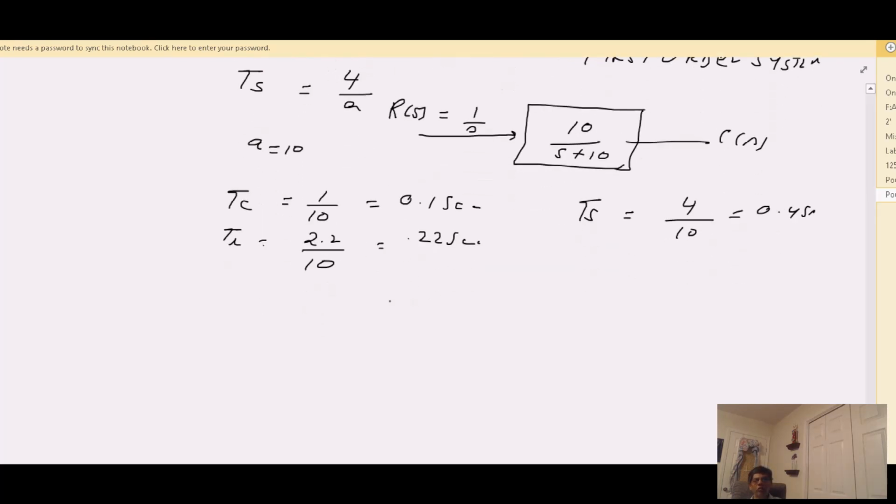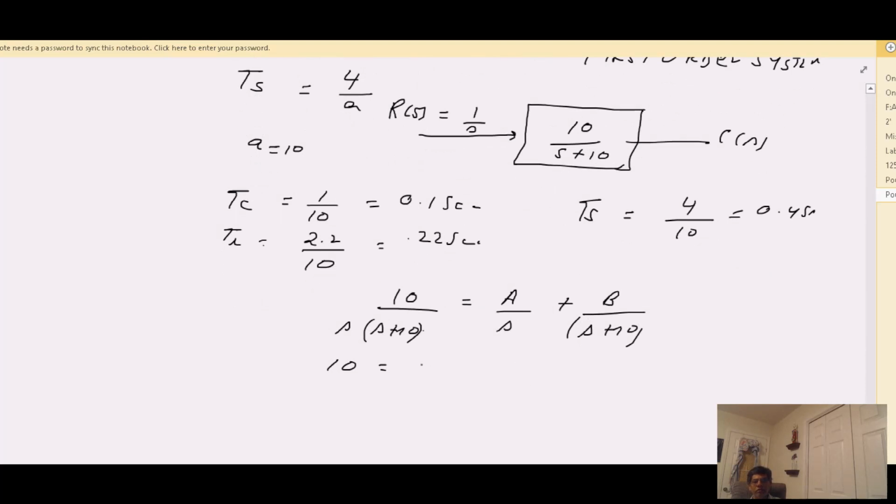This comes out to be 10 over S plus 10 times S, and we have to do the partial fractions here. So that will be A over S plus B over S plus 10.